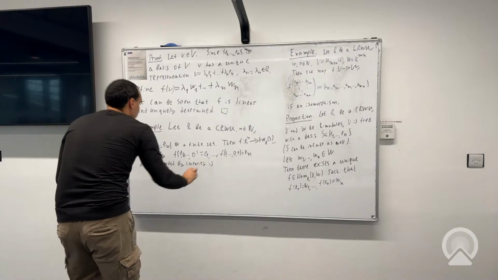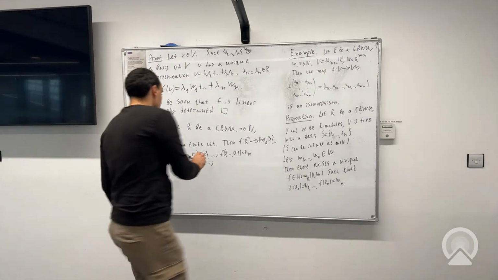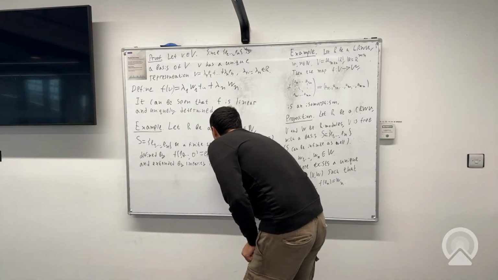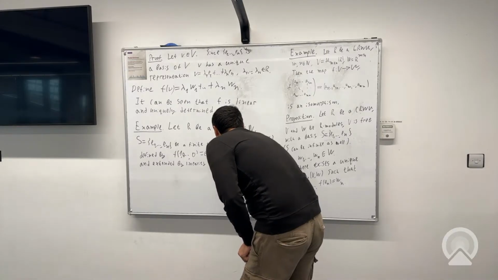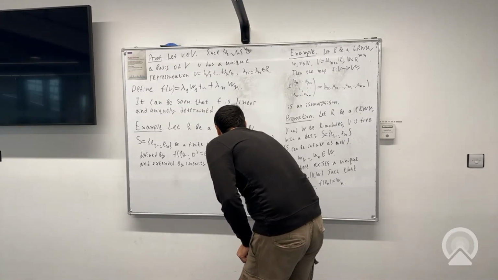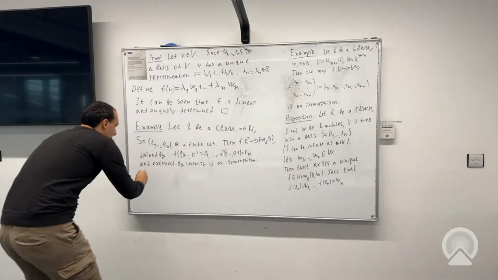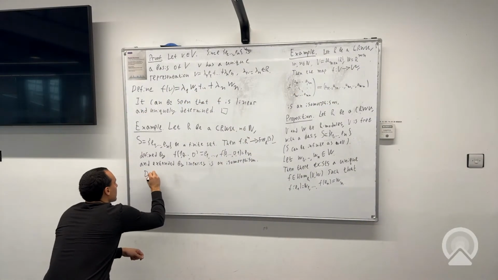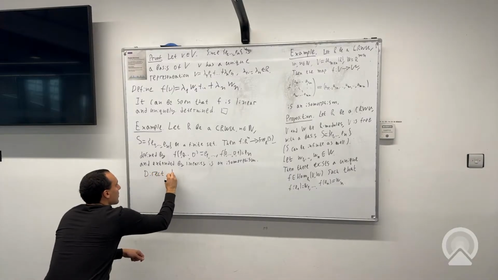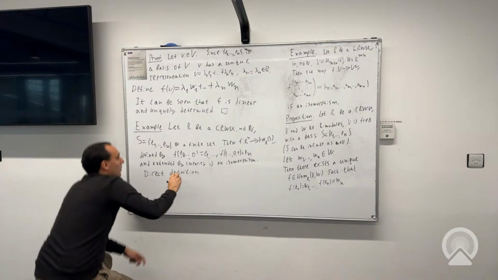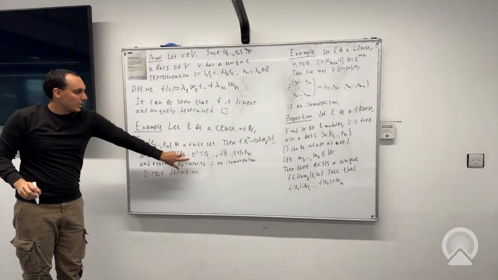It is an isomorphism. Now, in this particular case, it may be easier to define it directly. Direct definition. Well, any vector is a combination of these things here.